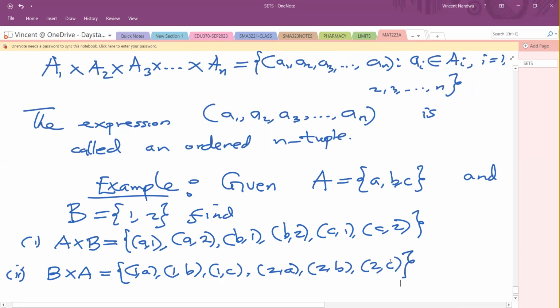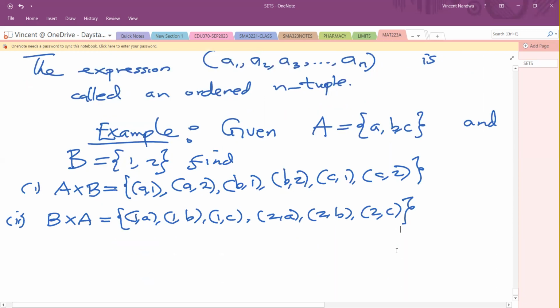So that is the set B cross A. And number 3, what is the cardinality of A cross B? How many elements are in A cross B? Or how many pairs are in A cross B?